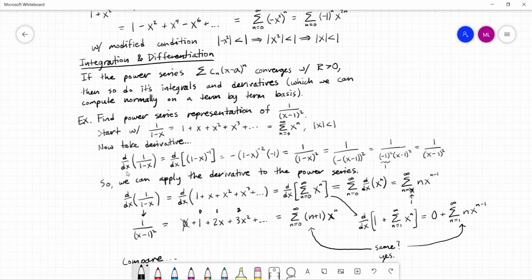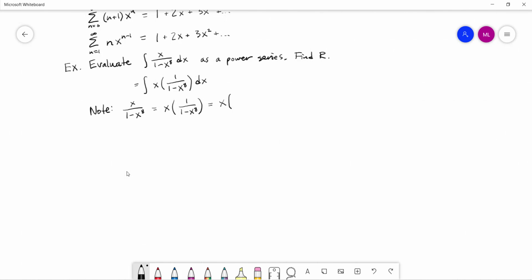Doing the same thing down here, all I'm doing is swapping out what we used to call x, and now it's x to the 8th. And so what used to be 1 plus x plus x squared, and so on, is now going to be 1 plus x to the 8th plus x to the 8th squared plus x to the 8th cubed plus dot dot dot.